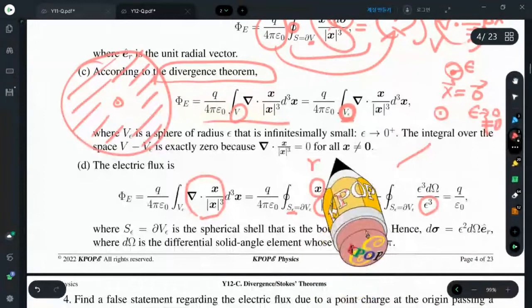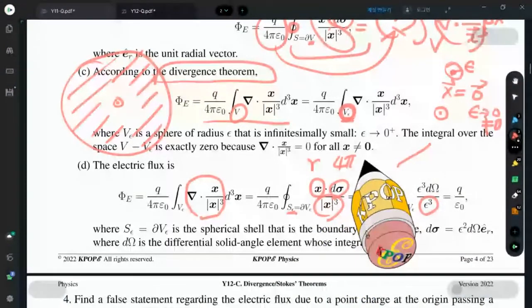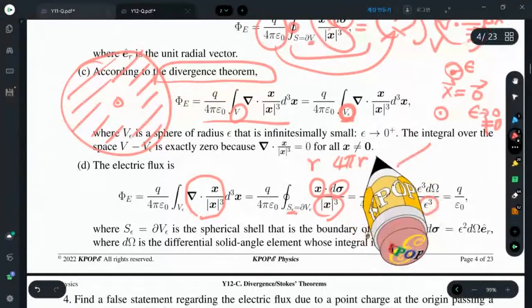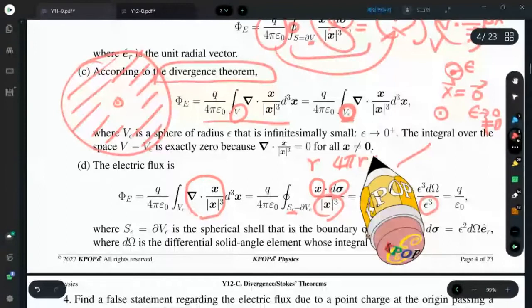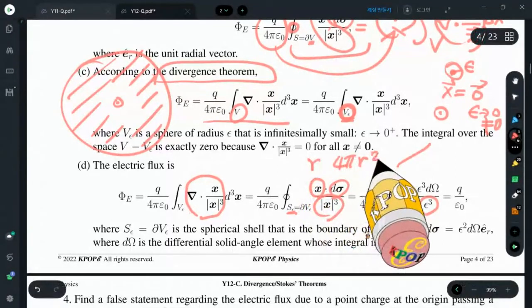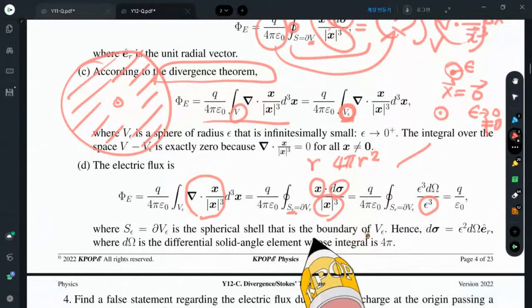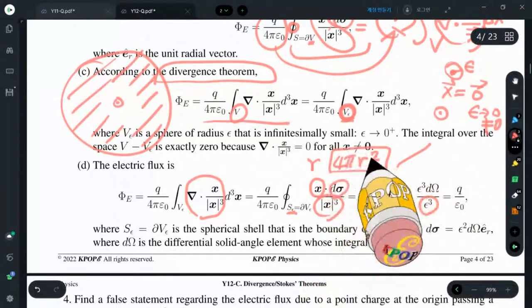And this is 4 pi r squared, the area of the sphere.